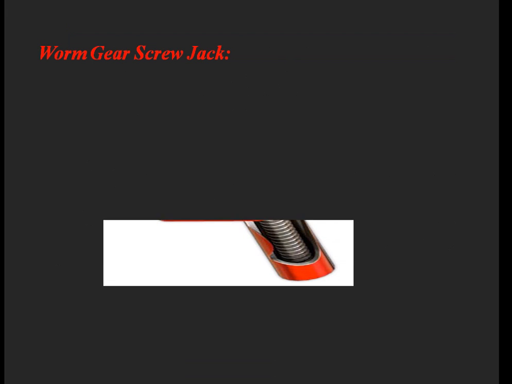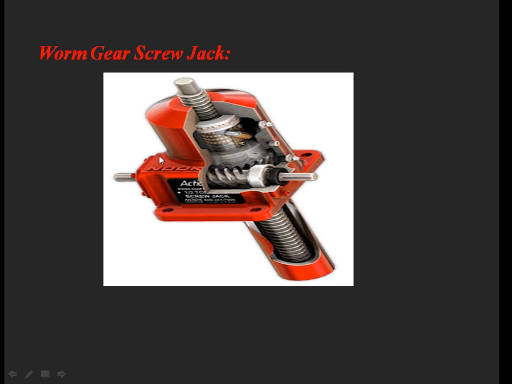Next I would like to show you the exact figure for the worm gear screw jack. This is the figure for the worm gear screw jack, which consists of the worm screw and the worm wheel or worm gear, which is mounted on an element having internal threads, and it is mounted on the main screw of the screw jack.